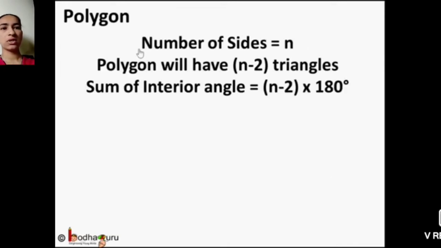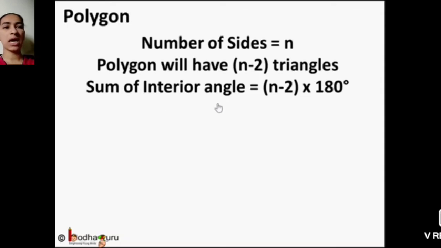Students, in a polygon the number of sides is n. How many triangles will a polygon have? N minus 2, as we have just learned. And the sum of interior angles is n minus 2 multiplied by 180. This is the formula, students, you have to remember this. What is the formula for finding the sum of interior angles?